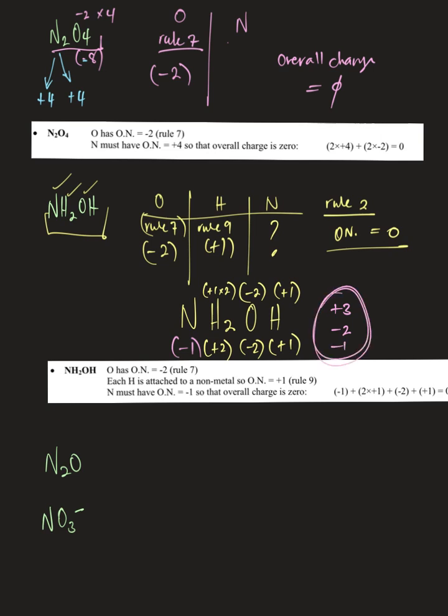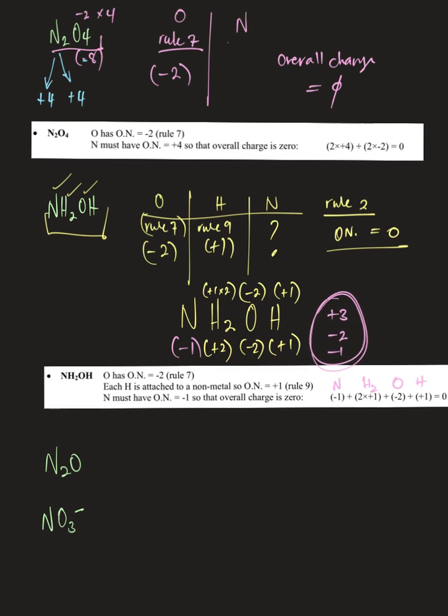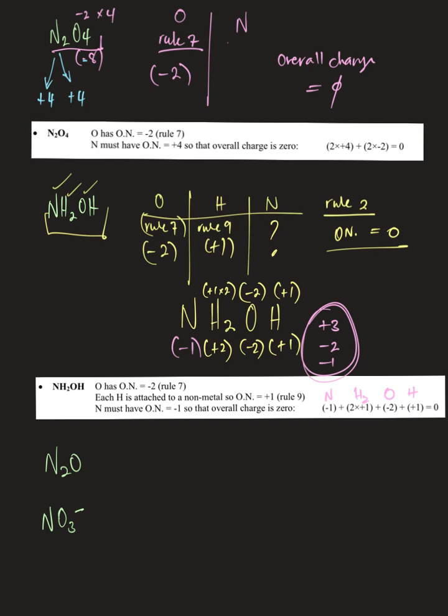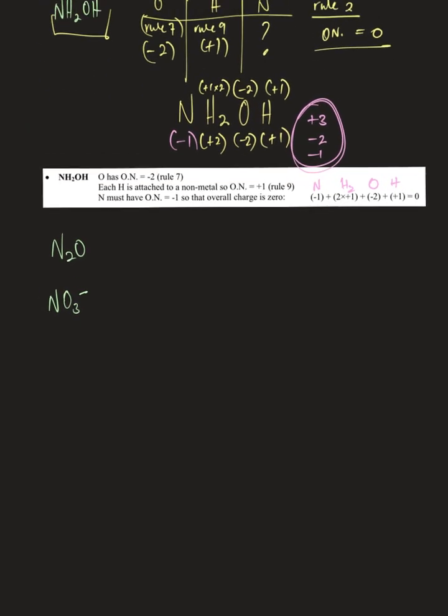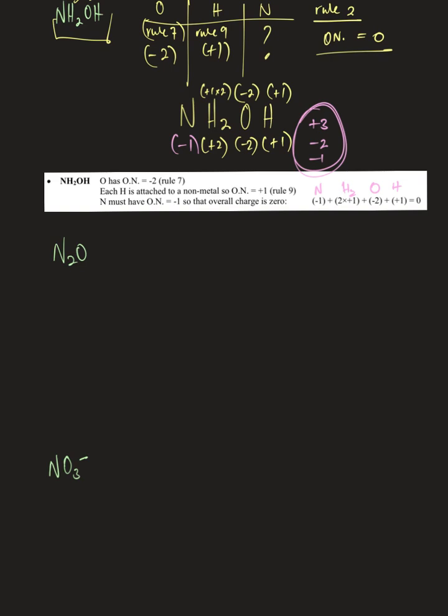So I've got -1 from the nitrogen, plus 2 times +1, which is your H2, plus -2, which is your O, plus +1, which is your H. And I'm left with this sort of setup. Right, N2O.